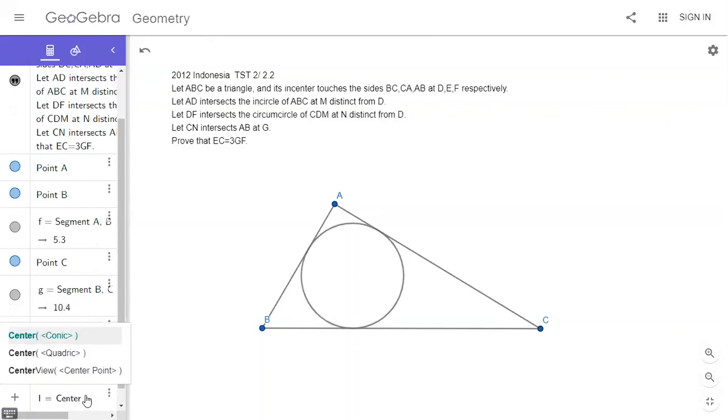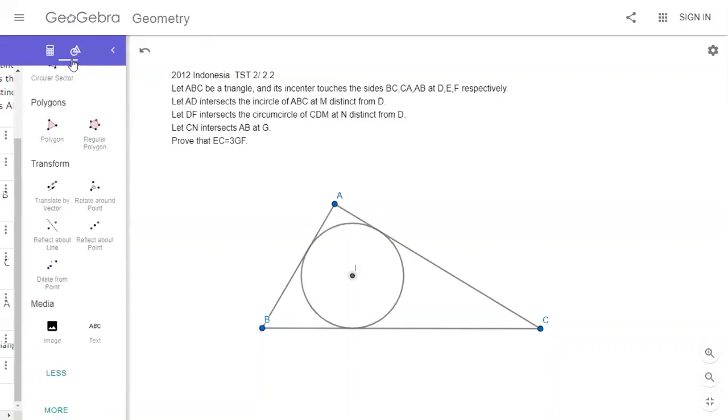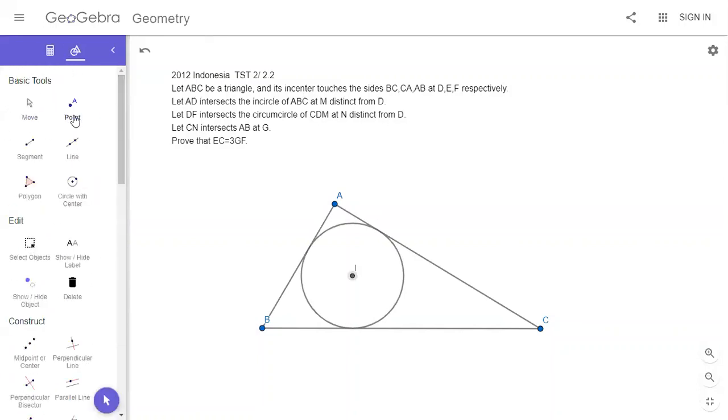We'll just draw the incenter, because why not? There we go. All right, so D, E, and F are the points of tangency. AD intersects the incircle at M.